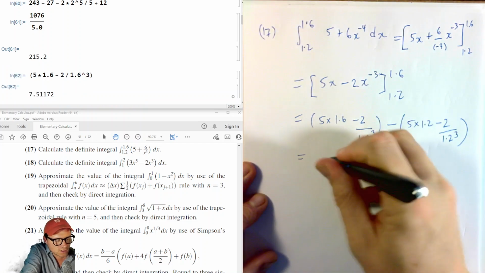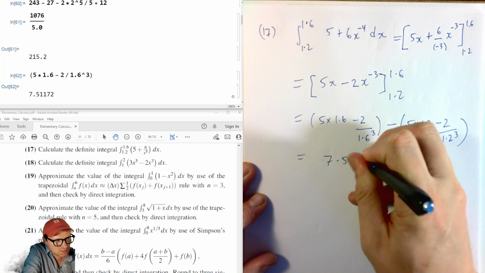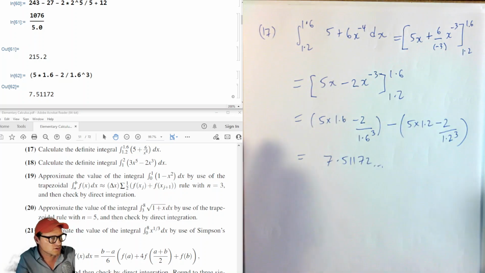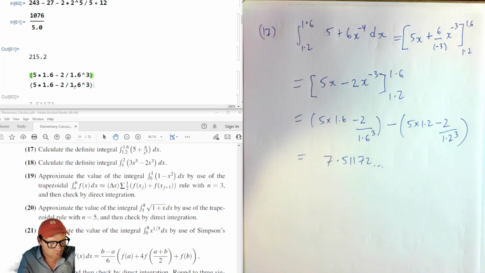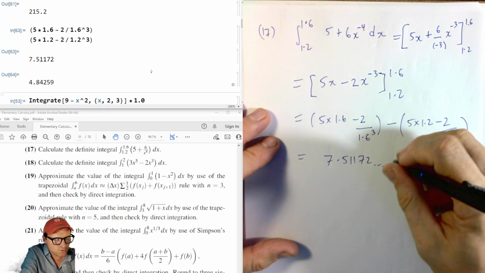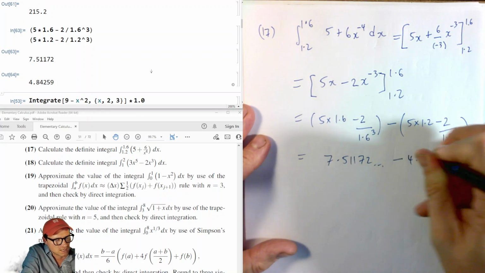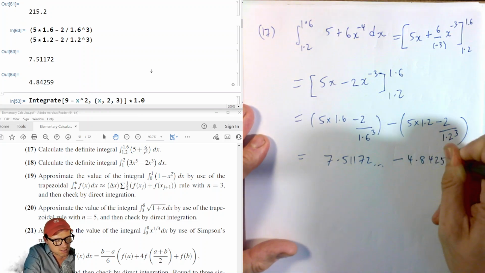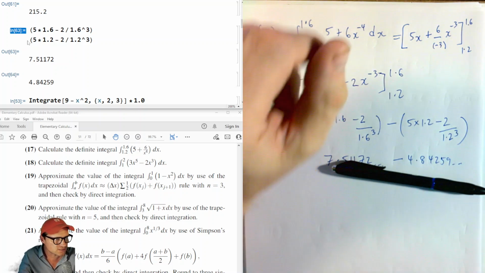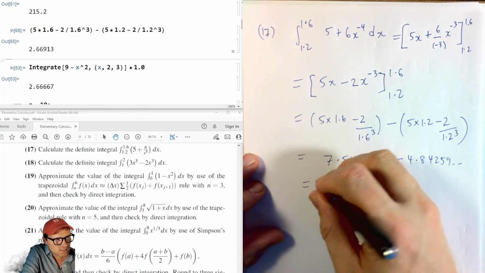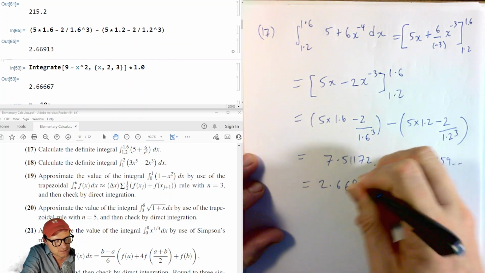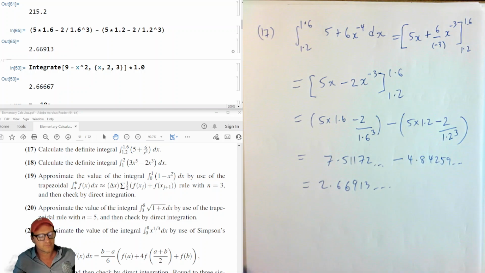So for the first one, we have 7.51172 and so on. I'm sure it continues. Now for the second one, we are going to get 4.84259 and so on. Okay, let's subtract the two of these. And so we have 2.66913 and so on.